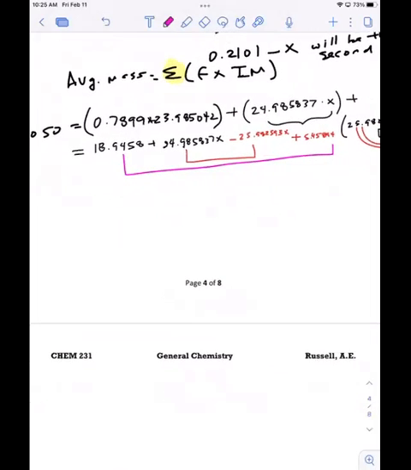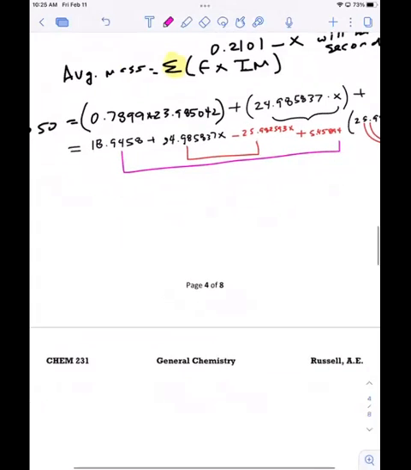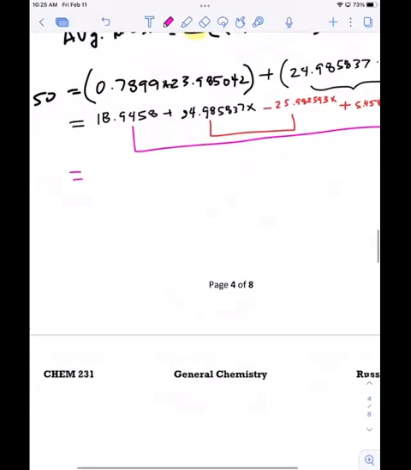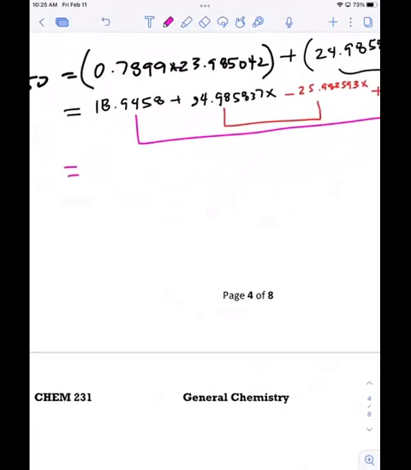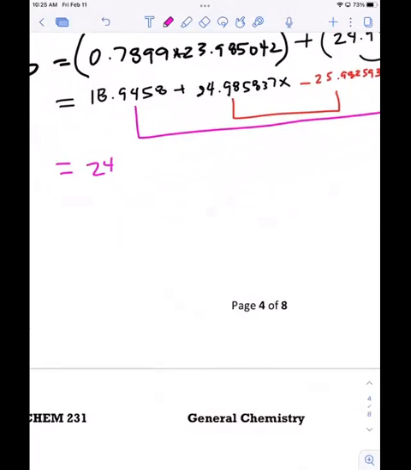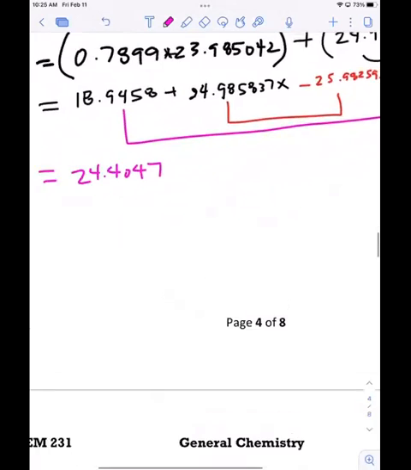We add 18.9458 and 5.45894. Man, it's a lot of numbers. I'm getting tired just reading. We get 24.4047. Did everybody get that in your calculator?